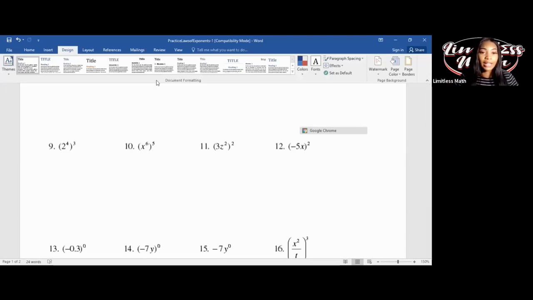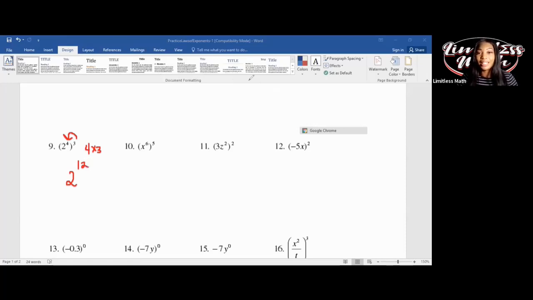But when we look at number 9, there's nothing missing, right? 2 to the 4th power is labeled, no problem. So all I need to do is distribute this 3, the upper level exponent, multiply it to the lower level exponent. So this is going to become 2 to the 4 times 3, which would be 12. And that's how you do that, okay?